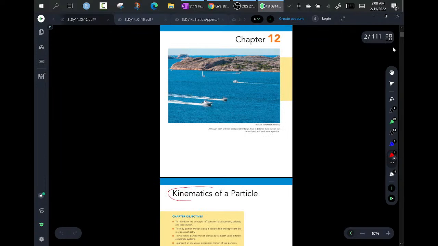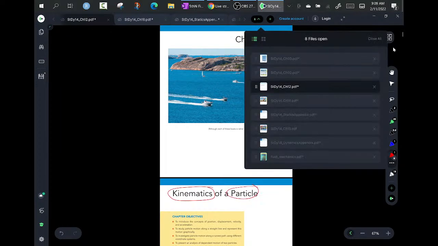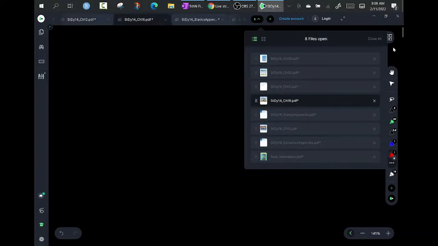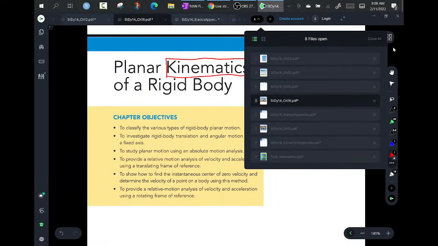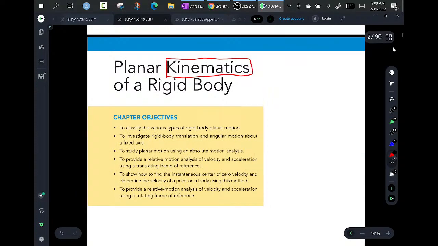It's dealing with kinematics of a particle. What we're dealing with now is kinematics of a rigid body. And the difference between a particle and a rigid body is, as a particle came through, it doesn't have any rotation.